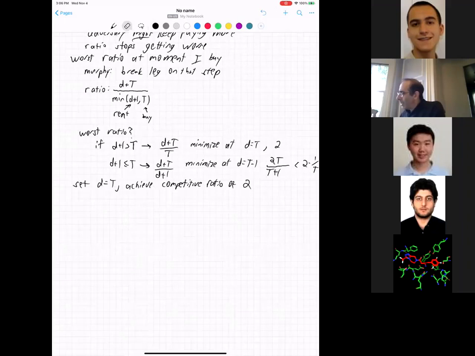But the point is that if you set D equal to T, then you achieve a competitive ratio of slightly less than 2. Okay.